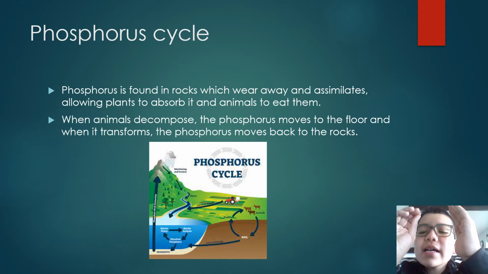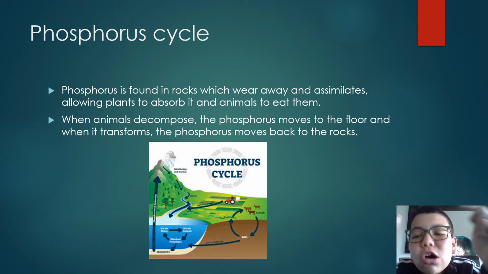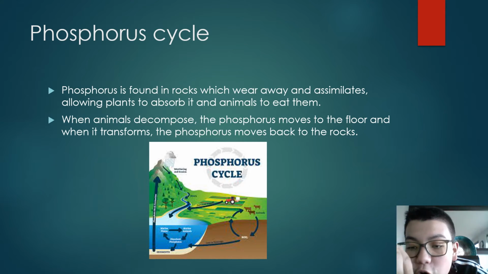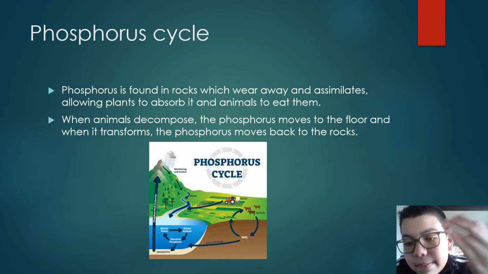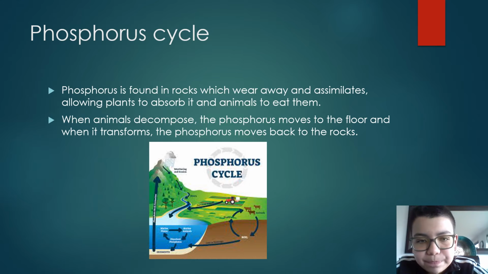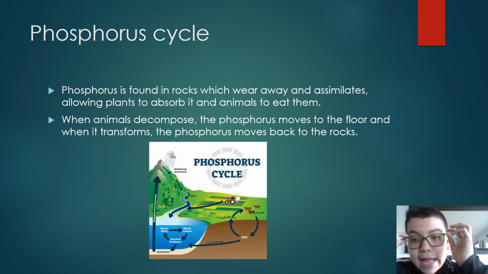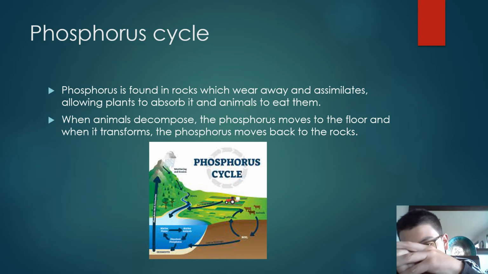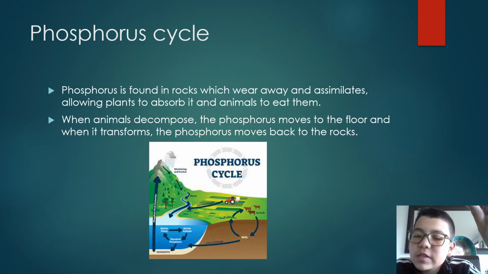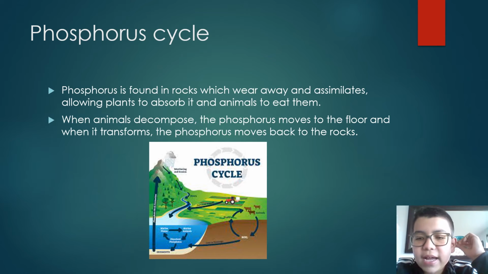Now with this assimilation, this allows the plants to absorb the phosphorus. Now that the plants have the phosphorus, the animals can eat the plants to have the phosphorus. Now, when animals decompose, the phosphorus moves to the floor again. When the floor transforms, the phosphorus gets back to the rocks.